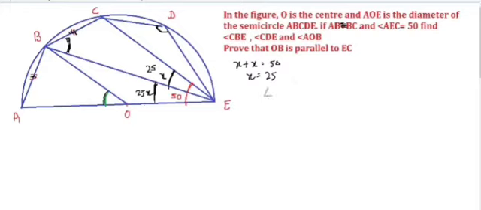Angle AOB will be 2 times angle AEB. Here we can see that this segment AB is making angle AOB at the center and angle AEB on the circumference.